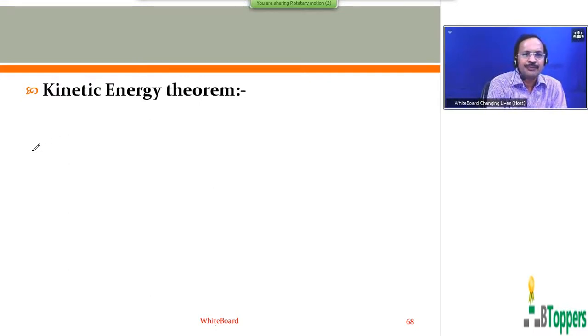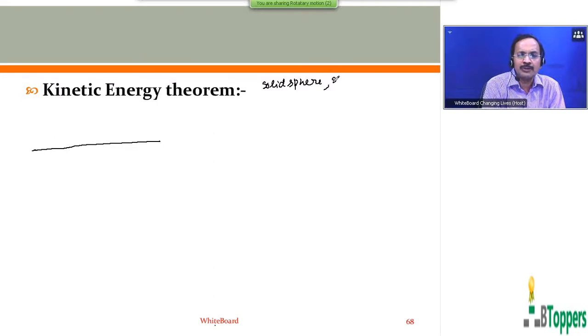For example, a uniform solid sphere or a uniform solid cylinder. I mean one of the regular objects. I don't mean all, we are not considering all the objects at once. Later we'll discuss all objects at once in the comparison problems in rolling. So I consider one of the regular objects like a uniform solid sphere.